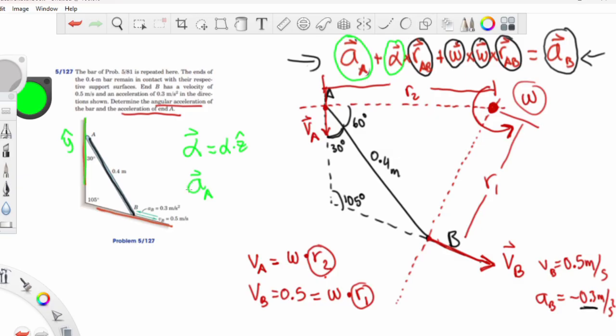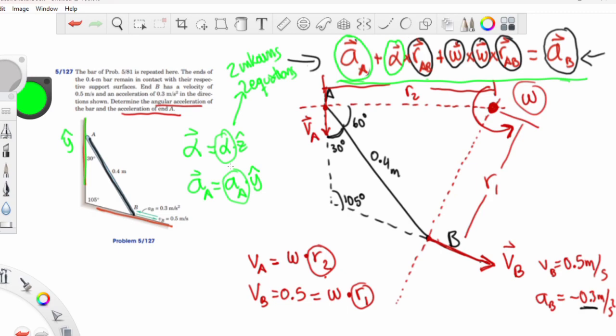So the acceleration in A is equal to acceleration in A scalar in the direction of y. So truly we only have two unknowns, and we have two equations because this is a vector equation with component in x and component in y. And we can use this expression then to solve for our two unknowns, alpha and AA. And that's how you solve this problem with the convenient instantaneous center of zero velocity.